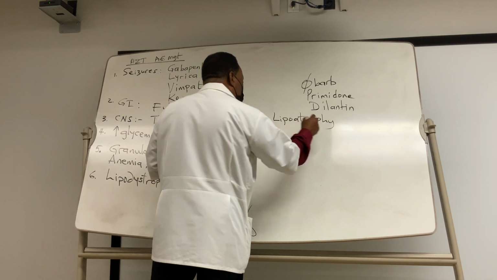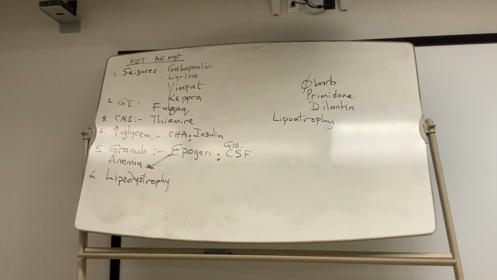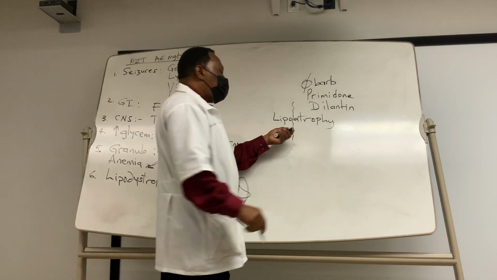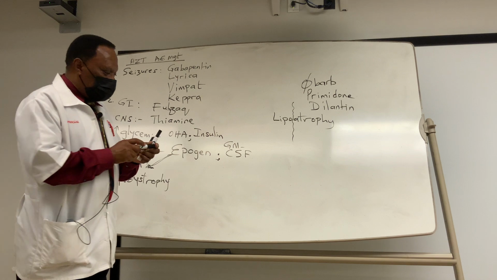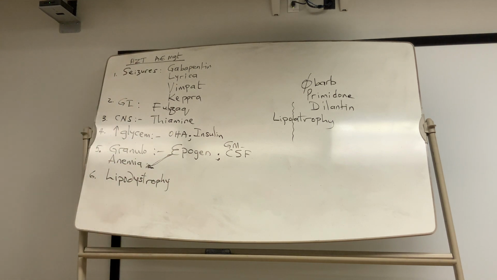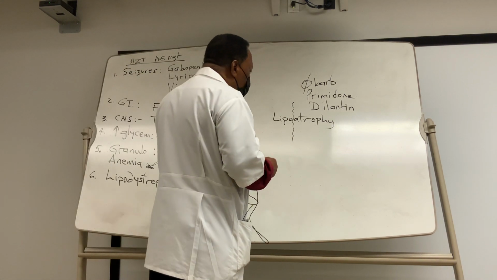In other words, the fat in the face would actually be removed, would be going more towards the trunk. And so we call that lipoatrophy. And we talked about that difference a while back when we were dealing with your anti-diabetic drugs, particularly your insulin.